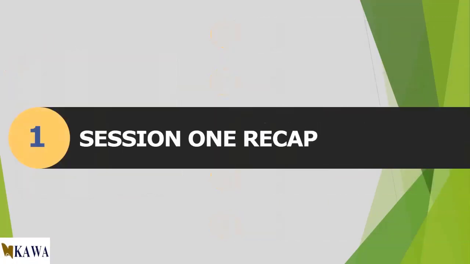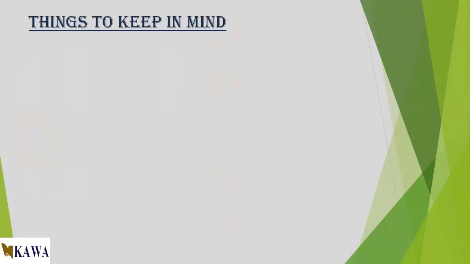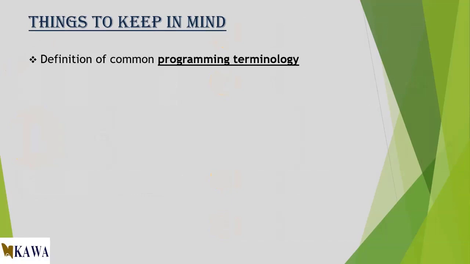So in our session 1, I covered certain things that I want us to really consider. Some of the terminology, I think the most important thing that I shared in session 1, and I'll repeat, if you didn't get a chance to see our session 1, you can get it from the patrons group.